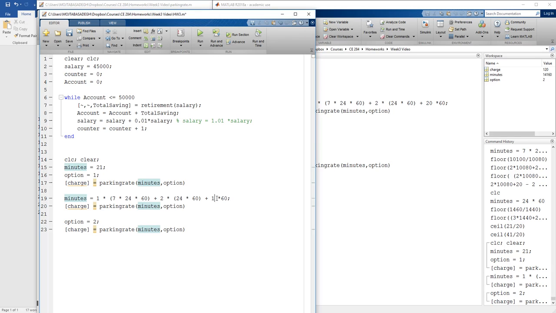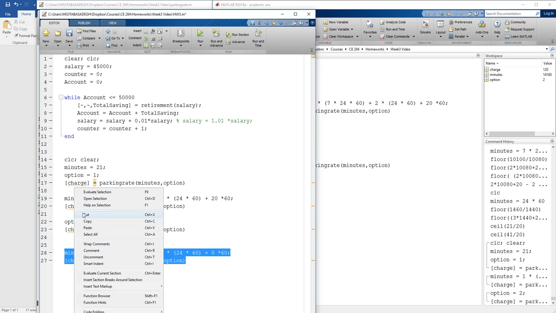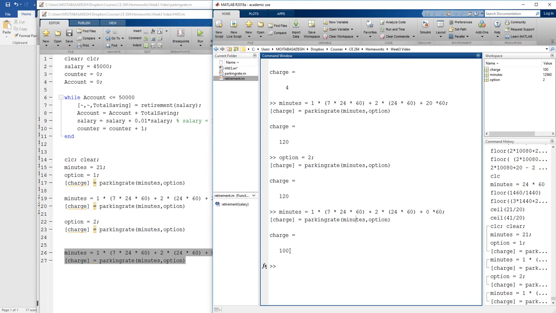Let me just copy and paste this here. If you only have 1 week and 2 days, you're going to be charged 60 plus 40, 100, right? 0 hours. That's the if statement that we've defined.